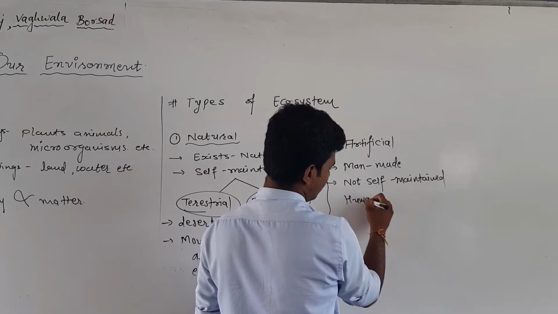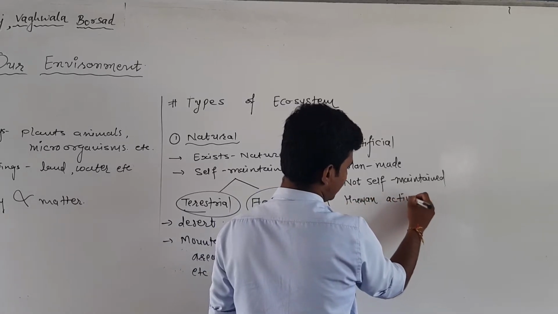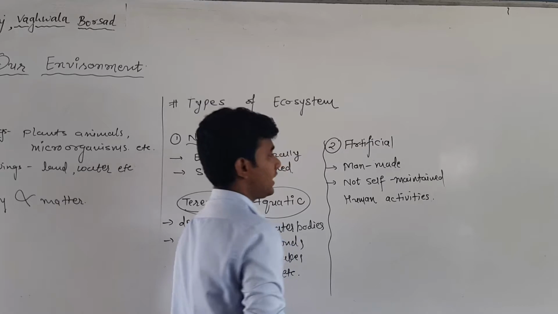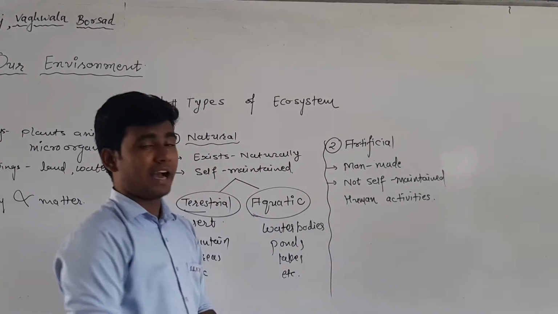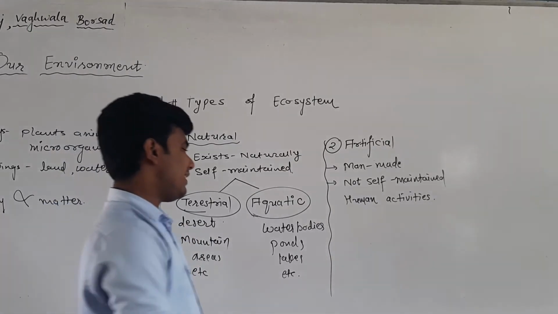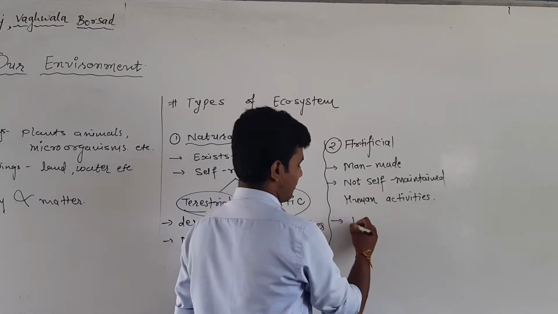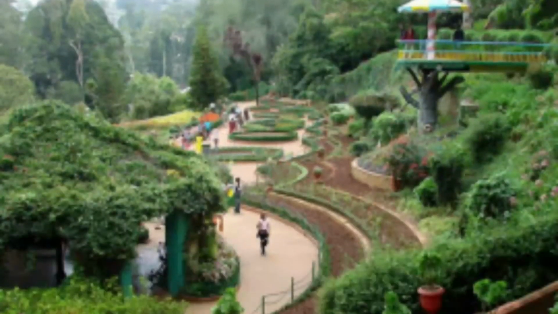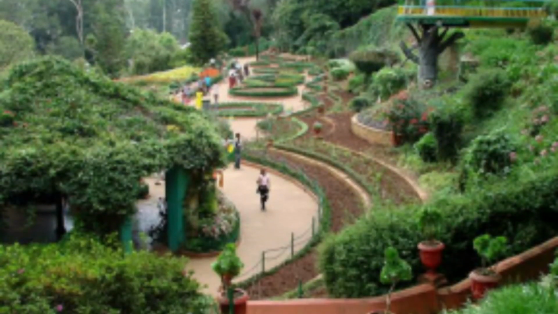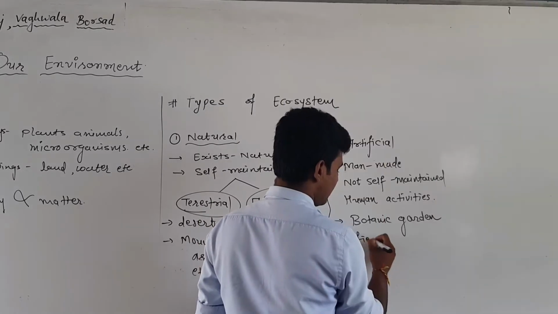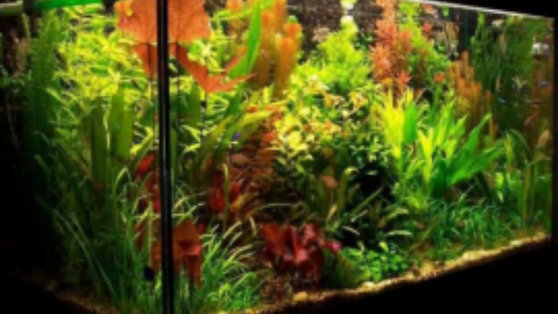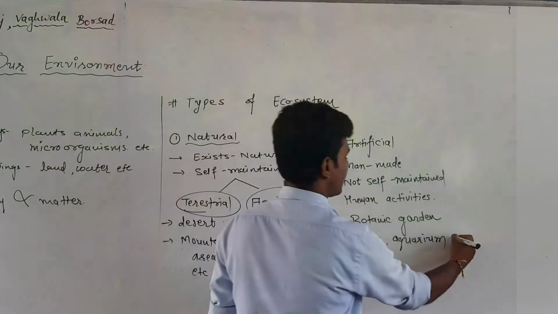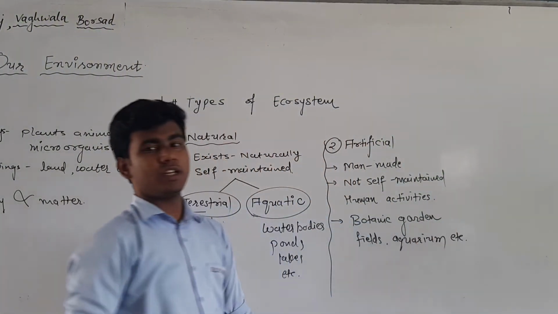Human activities is required for maintenance of such type of ecosystem. So that is called artificial ecosystem. Now let's check some examples of artificial ecosystem like botanic garden, fields, also we can say aquarium, etc. are artificial ecosystem.